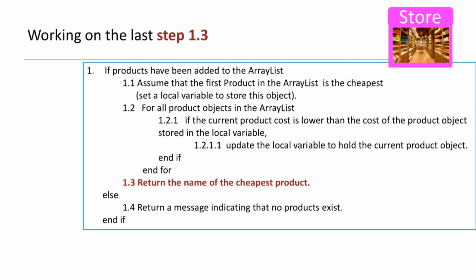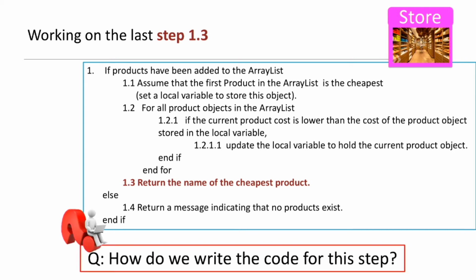If it was smaller, we updated it. So we've now visited every element in the list. And the last step is to return the name of the cheapest product. So this should be quite easy for you to do. Again, how do you write the code for this final step? Return the name of the cheapest product. Pause here. We'll give you the solution in just a moment.